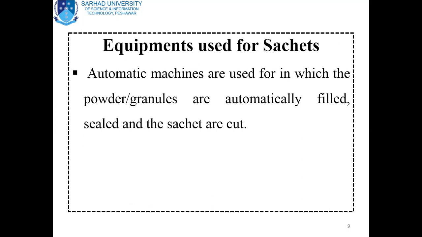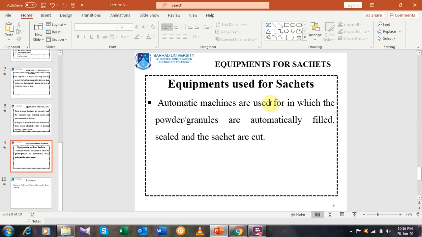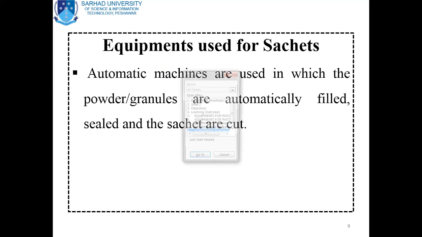Another is the equipment used for sachets. Fully automatic machines are used in the sachet preparation. Remember that the powders or granules which are to be marketed are in the form of sachets.